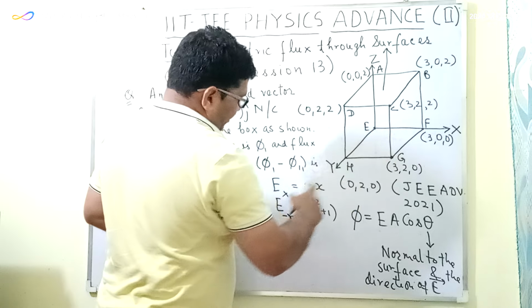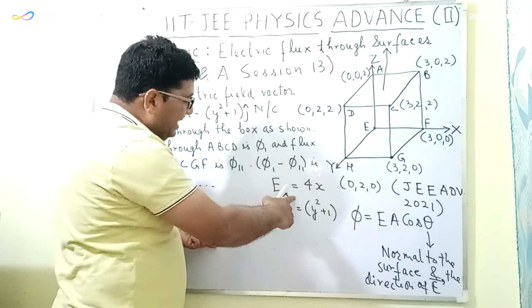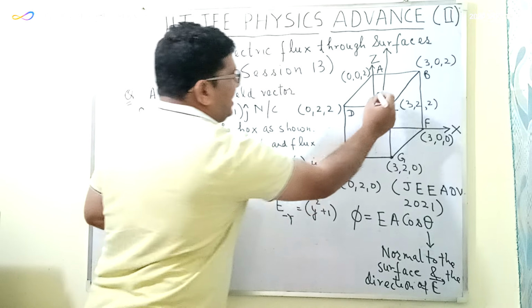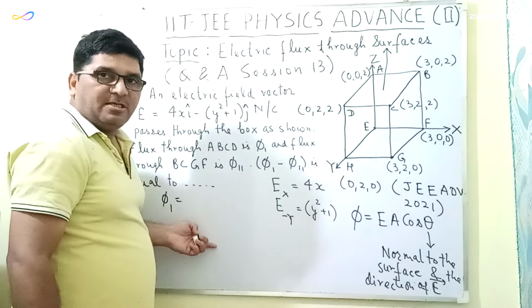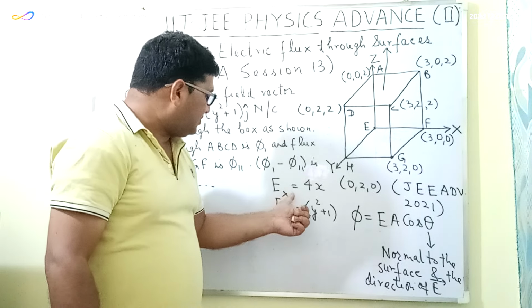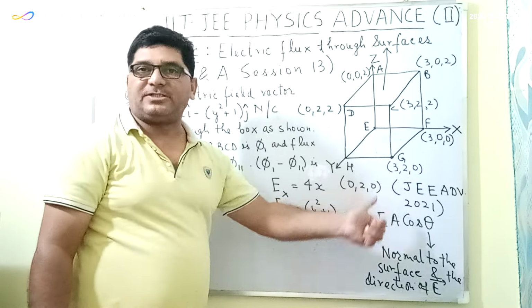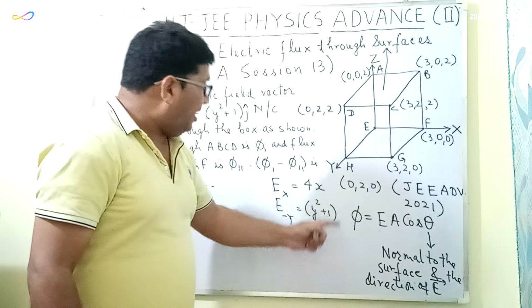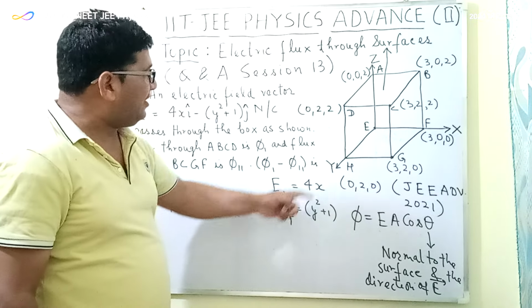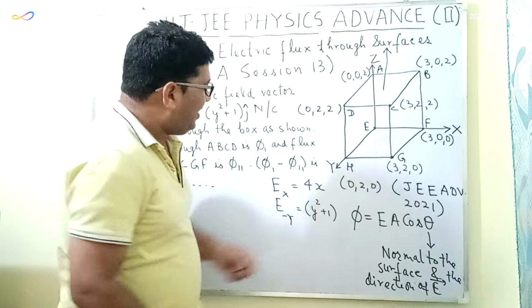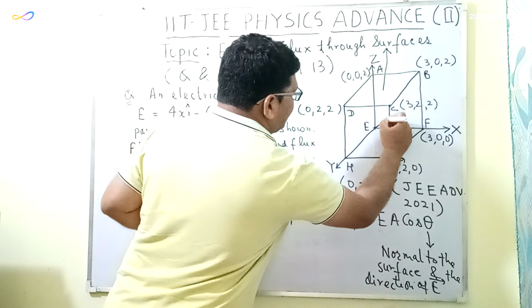In this case, theta will be equal to 90 degrees. So the flux due to the electric field which is directed along the x-axis will be equal to 0. Now, the intensity of the electric field along the negative y-axis: if this is the positive y-axis, then this will be the negative y-axis, like this.